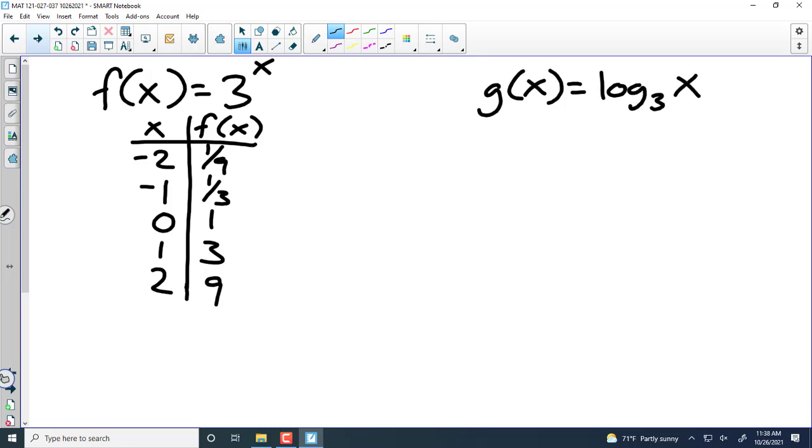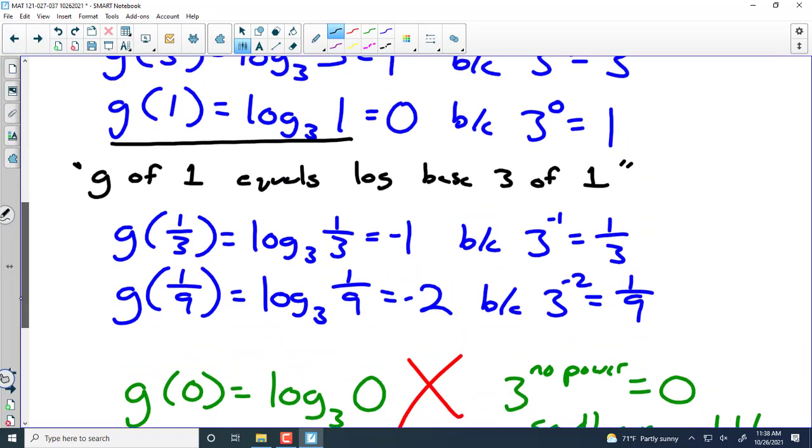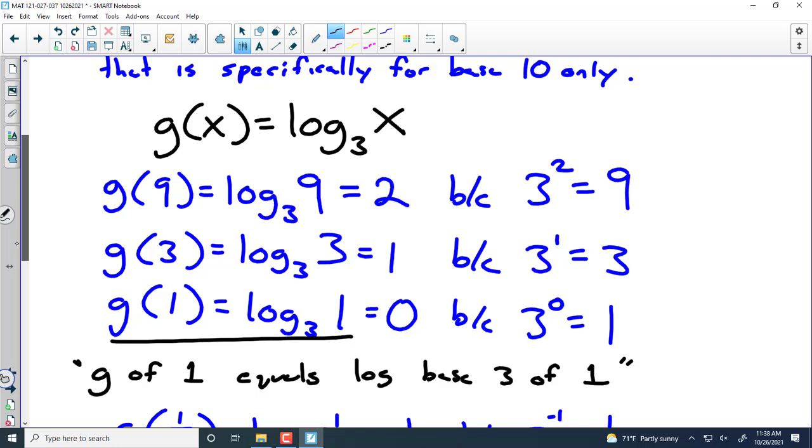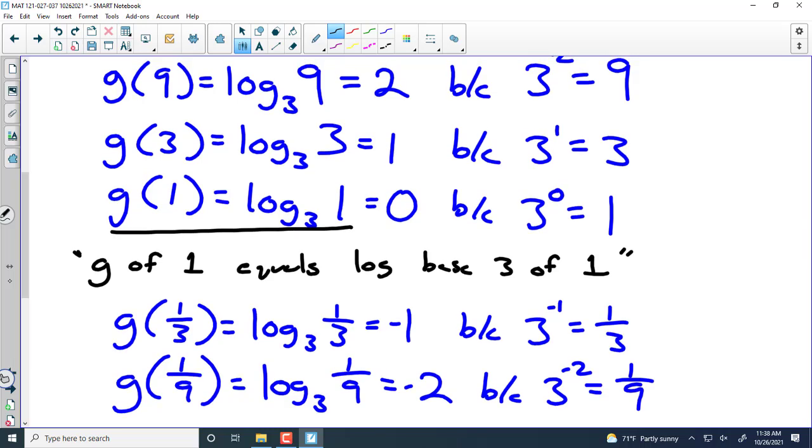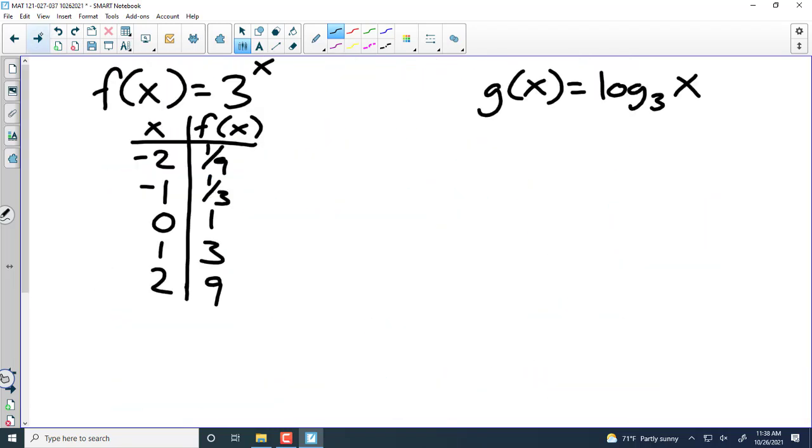Now, here's the function that I was working with on this previous page, log base 3 of x. Exact same function I was just working with. And I found a bunch of ordered pairs on it by plugging in different numbers. Everyone see this?